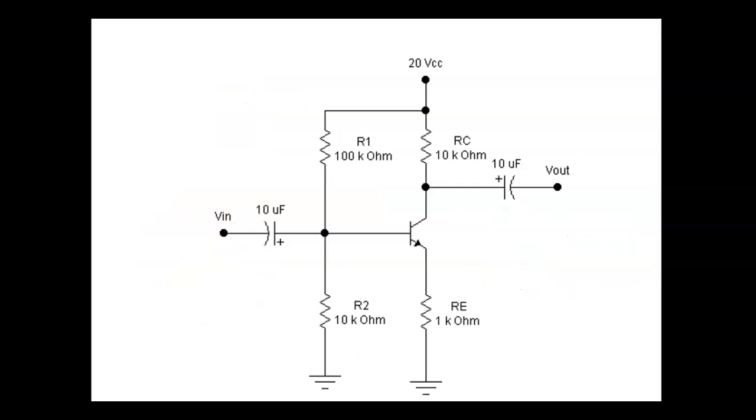Okay, so let's calculate this. What would VB be? That's all we're concerned with right now, because that sets everything up. It's going to drop 1/10 of the voltage.